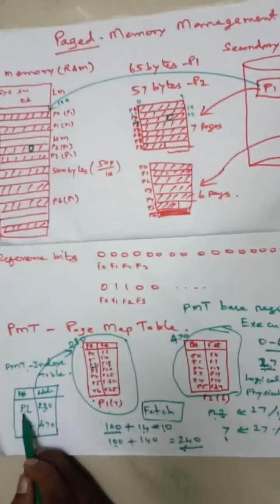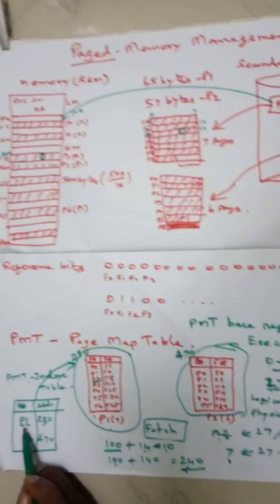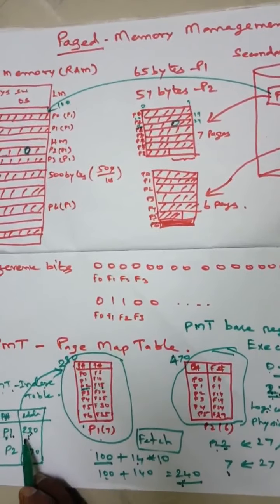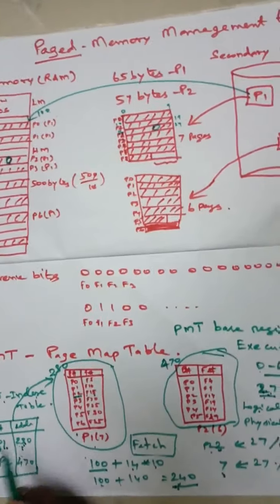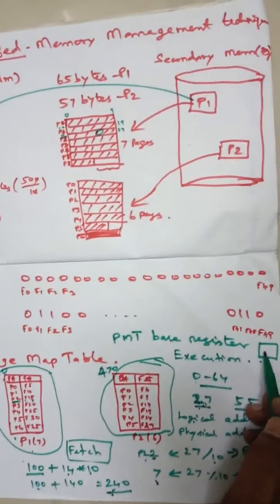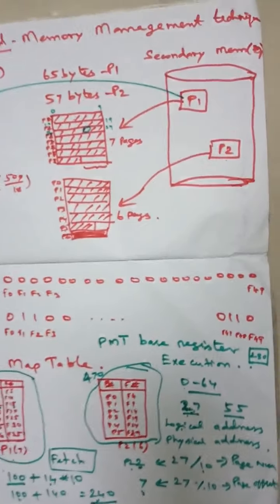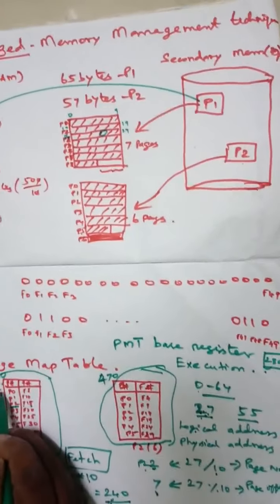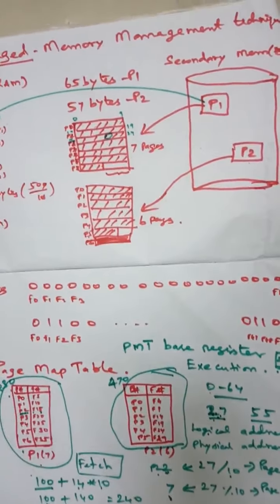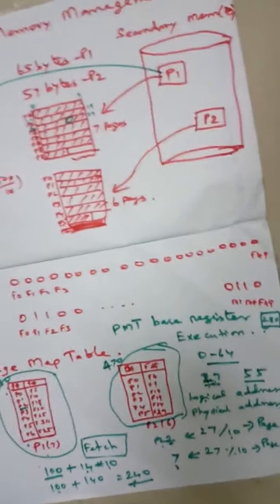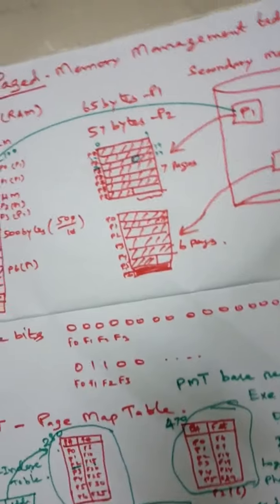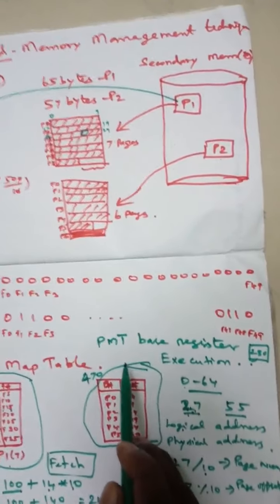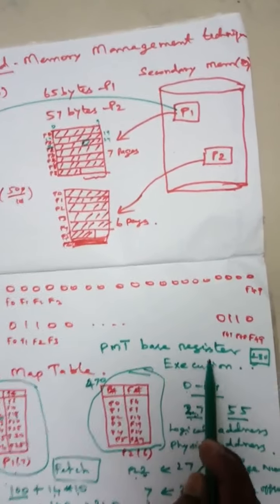For example, for program 1, the page map table is available at location 230. So this 230 is loaded into the page map table base register. Then only does the OS come to location 230. Here only the page map table of P1 is available. So we have to understand the page map table base register also.